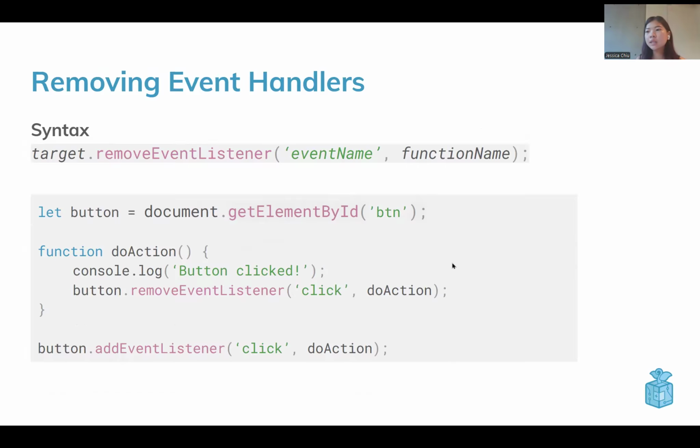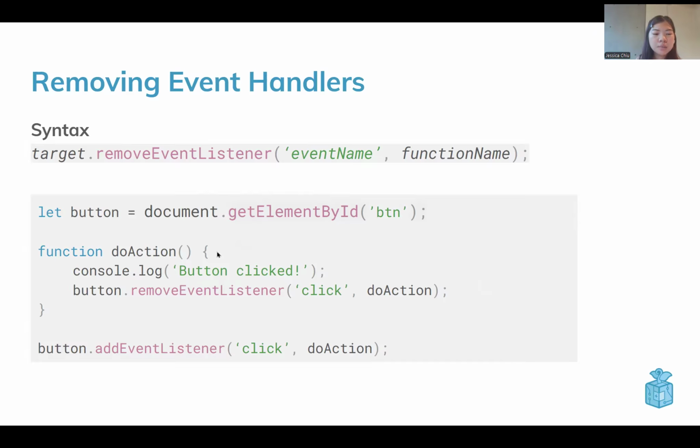Removing event listeners. Let's say you only want the action to happen once, okay? So let's say, for example, you only want the button to be clicked once. After you click the button once, it no longer calls doAction when you click it, okay? So you can see here we do target.removeEventListener, the name of the event, and then the name of the function.